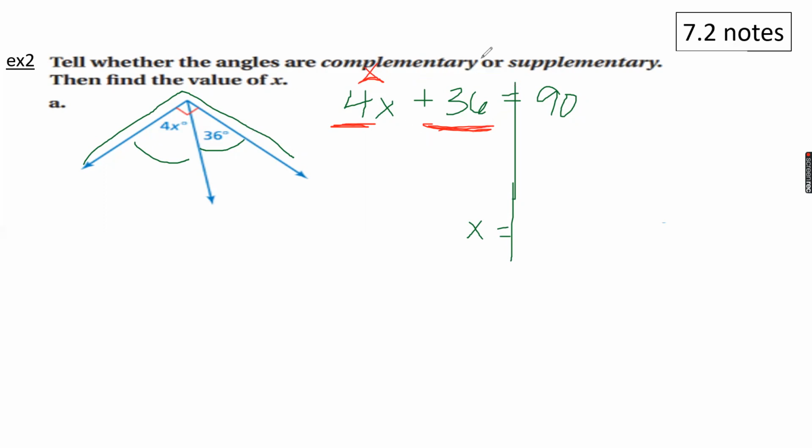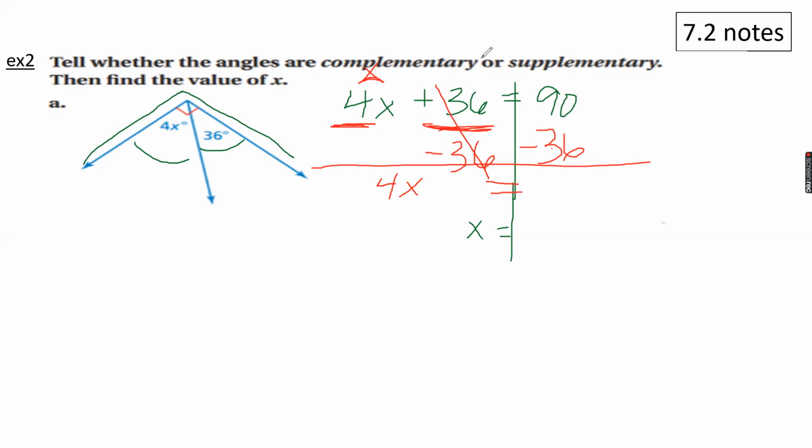So let's go ahead and do the opposite to both sides. We do the opposite to move it over that line. The opposite of addition is subtraction. So we're going to subtract 36 away from both sides. That makes that go away because 36 minus 36 equals 0, and 0 plus anything is going to be itself. So 4x plus 0 equals 4x.